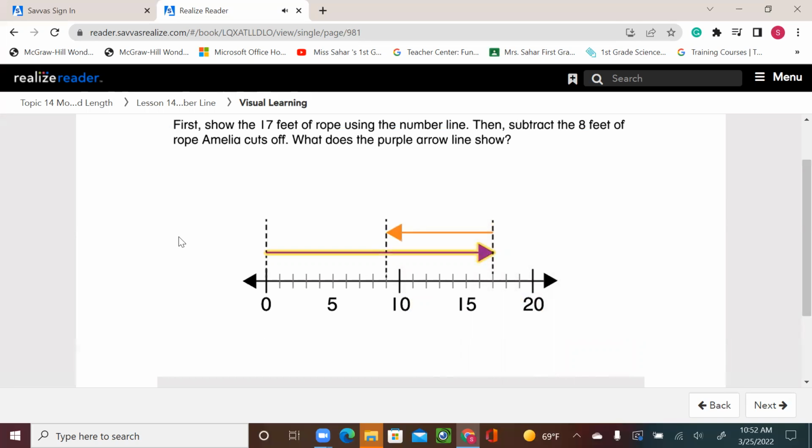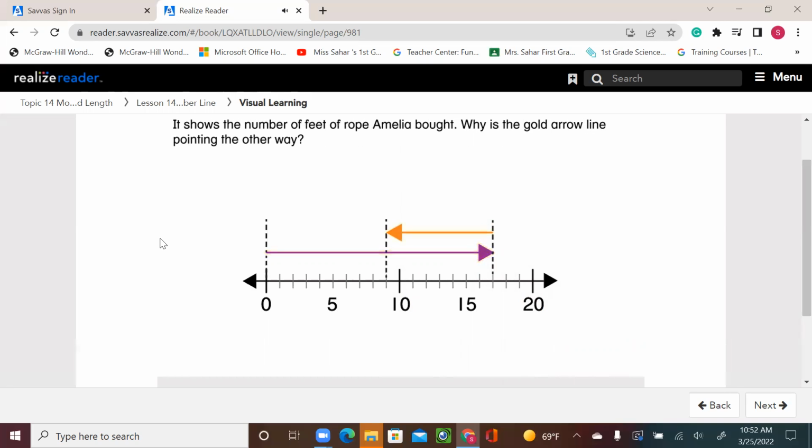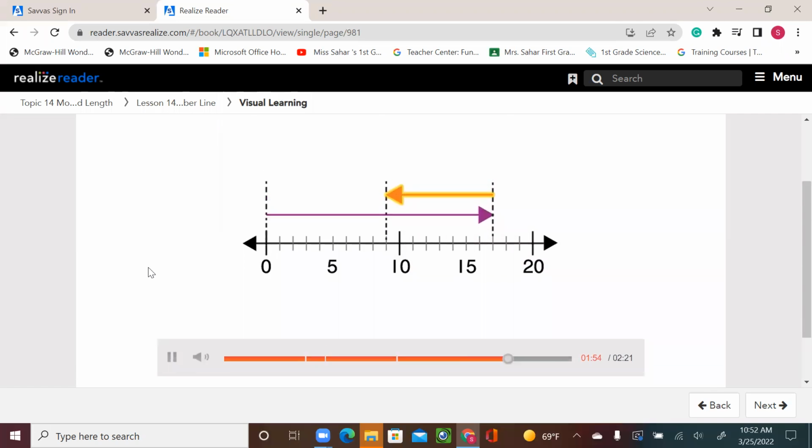What does the purple arrow line show? It shows the number of feet of rope Amelia bought. Why is the gold arrow line pointing the other way? Because she cut off part of the rope, so she's subtracting.